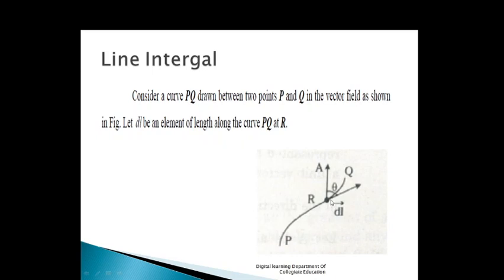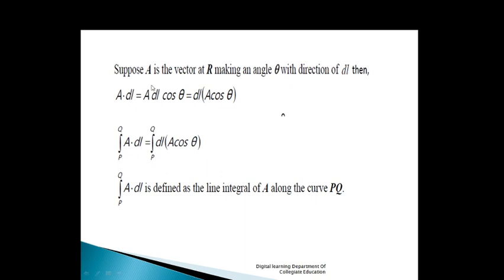Let dl be the element of length along the curve P to Q at point R. Suppose vector A at R makes angle theta with the direction of dl.